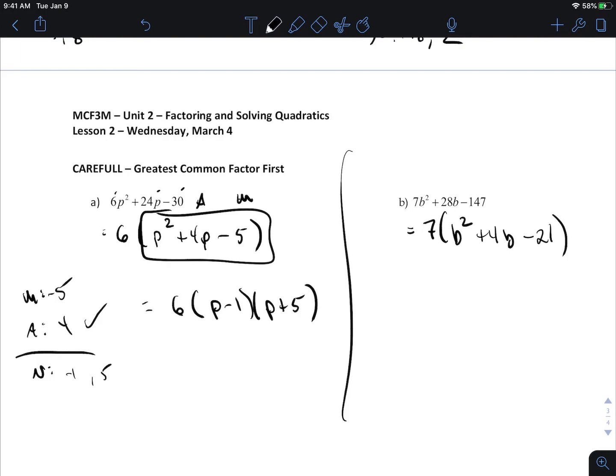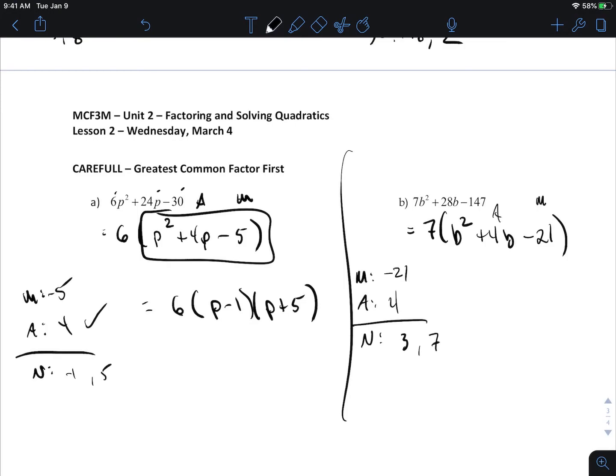Okay. Now you're like, okay, multiply to that, add to that. Let's find those conditions. Multiply to negative 21, add to 4. What are the numbers? 1 and 21 are not going to work because it's never going to add to 4. 2 doesn't go into 21. 3 times 7 gives me 21.